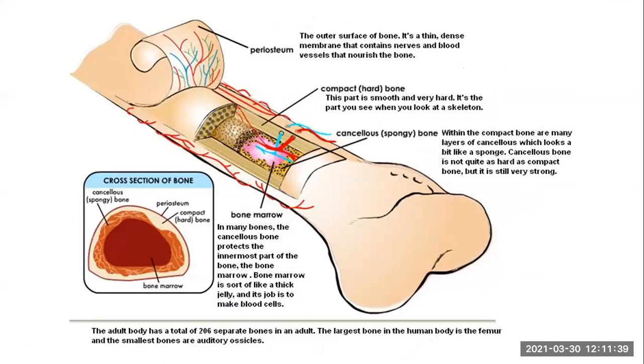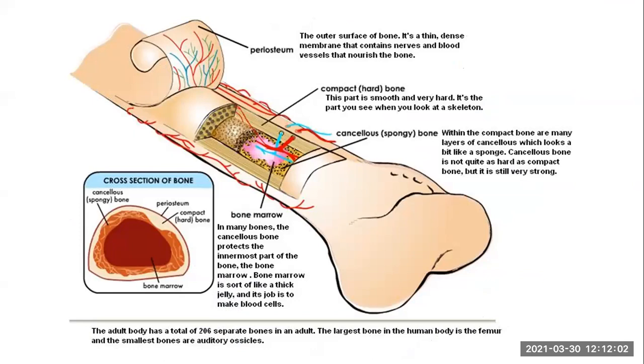As you can see here on this first slide, the layers of bone, the outside layer, we must remember bone is a living part of our body. So there is a blood supply as well as nerve supply to the bone. So there is such thing as bone pain.